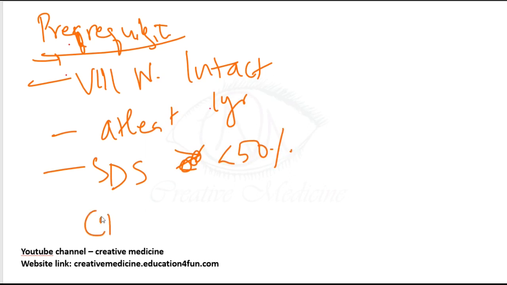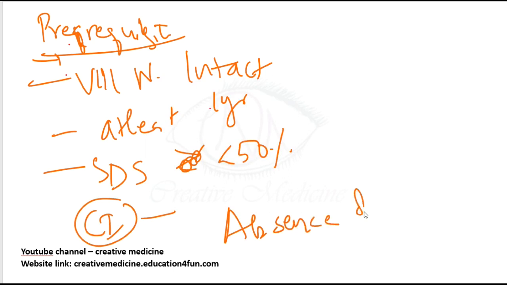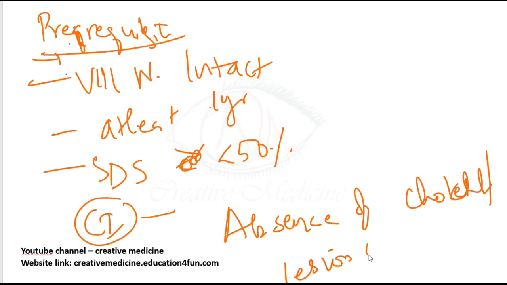When is it contraindicated? It is contraindicated if there is absence of the cochlea, or if there is a lesion in the cochlea. It is also contraindicated if there is absence of the cochlear nerve. How do you put this implant?